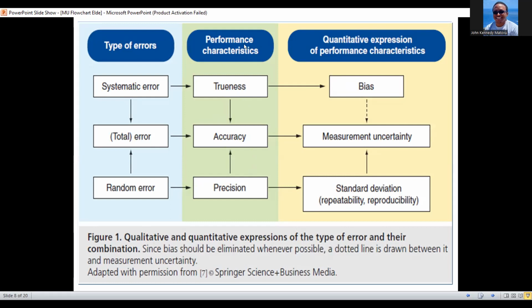You guys remember me saying that? So the question is, LD, are you confusing us? Based on this figure, accuracy and trueness are not the same. Is that somebody's question that you guys just didn't raise?